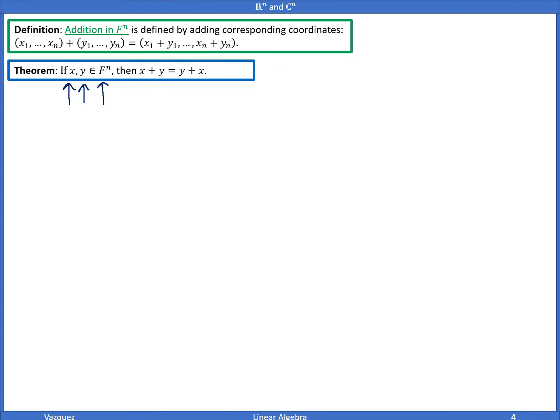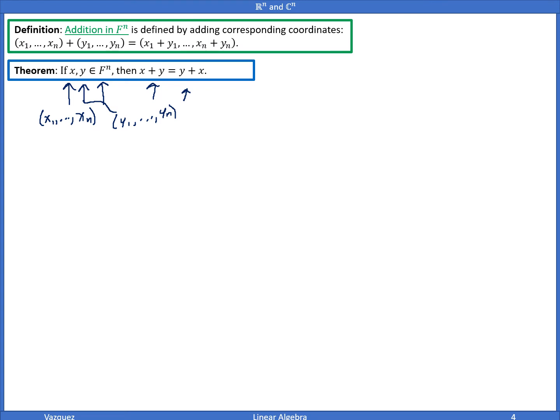Well, as we saw in the last slide, Fn is a set of all lists of length n. So x here is a list, x1 all the way to xn, and y here is also a list, y1 all the way to yn. They're not just numbers, they're lists.